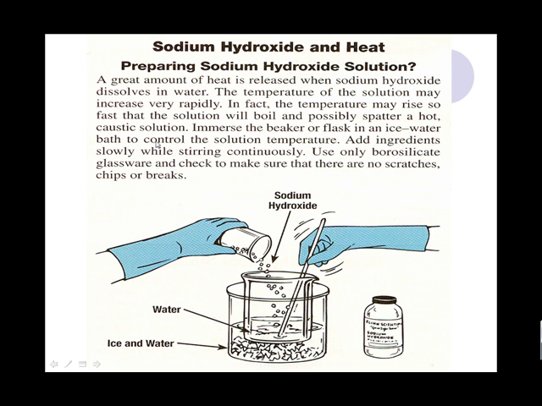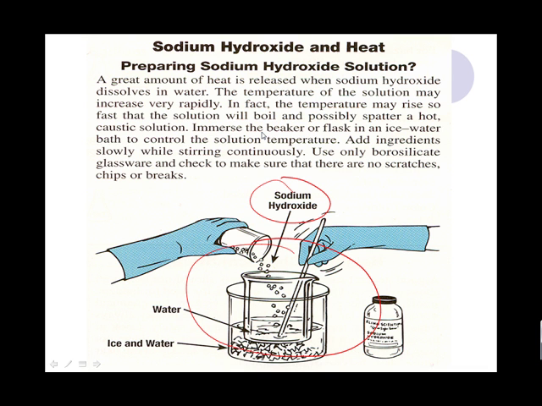So here is an example of sodium hydroxide being put into water. If you can take a look at this beaker, you can see that pellets of sodium hydroxide are just being put into the water. But this releases so much energy that the temperature of the solution may increase very rapidly, and the temperature may rise so fast that the solution will boil and possibly splatter a hot caustic solution.